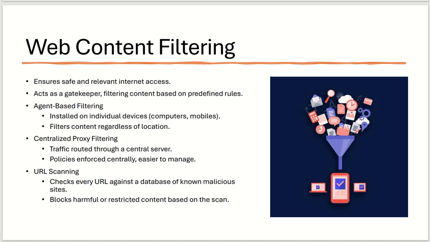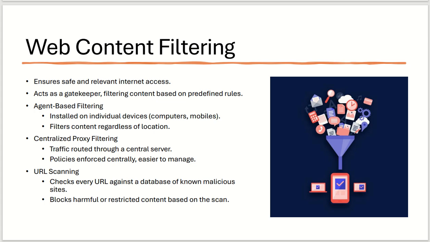With centralized proxy filtering, there is a centralized server that has policies enforced centrally to manage web filtering. So each time traffic gets into the network, the traffic goes first to the centralized server, and then the server validates this traffic, and then it can send it back to whichever device this traffic was meant for on the network.